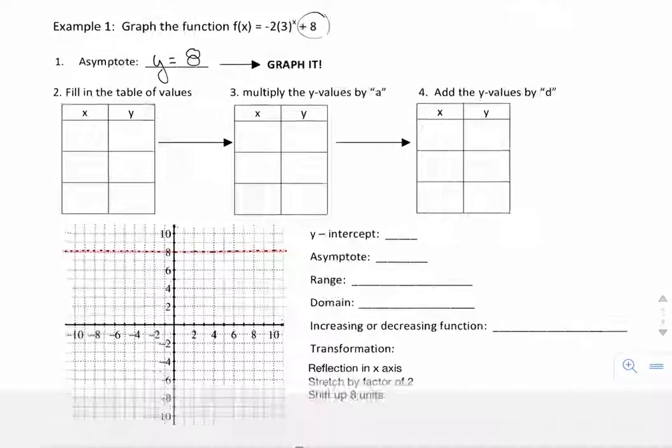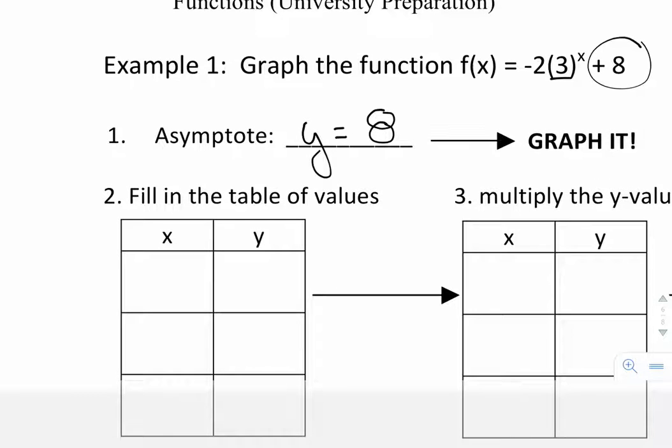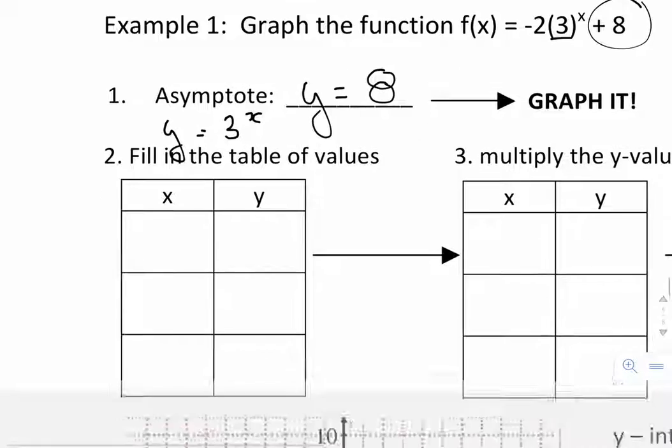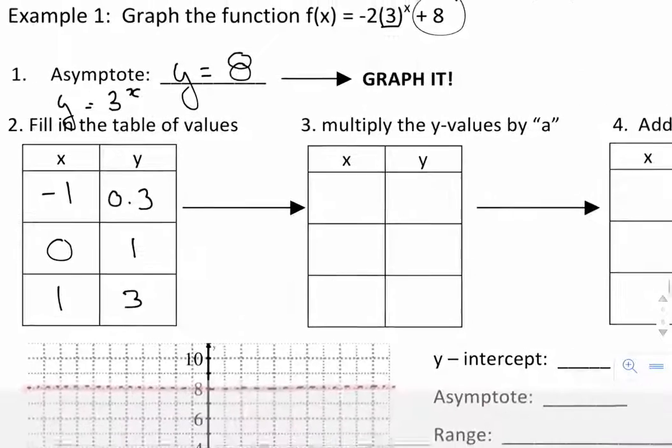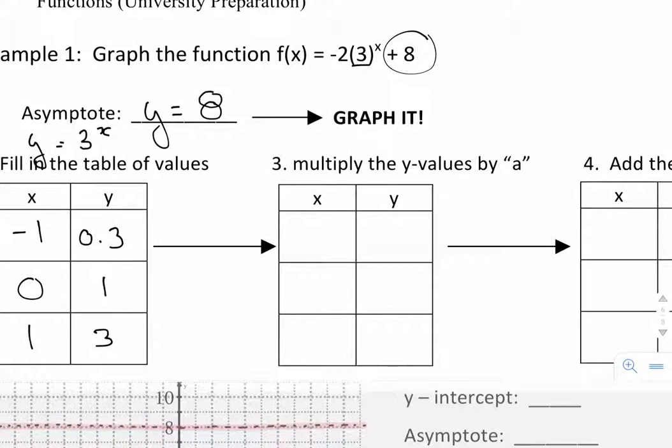Our basic table is, in this case, our base is 3, so it's going to be y equals 3 to the exponent x. And I'm going to choose the values -1, 0, and 1. So this will give me 0.3 repeating, this will give me 1, and then I will get a value of 3. So step number 2, I multiply the y values by a.